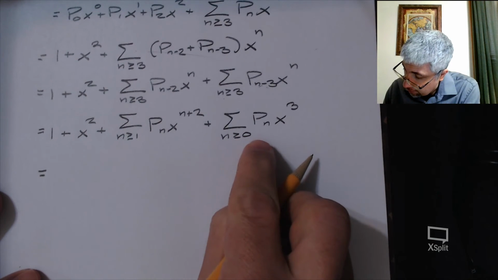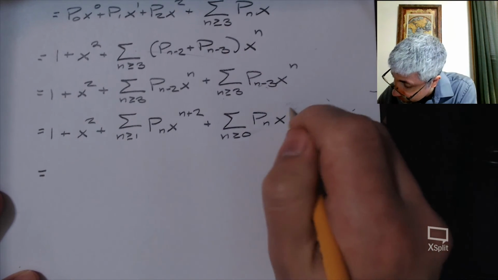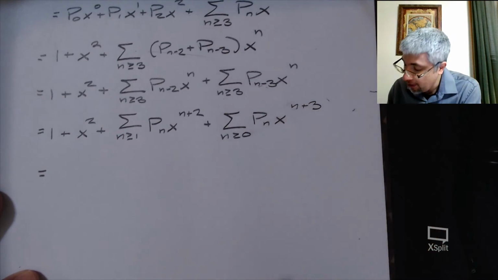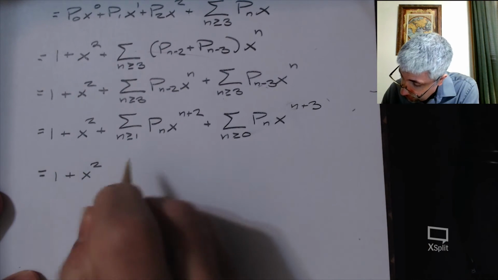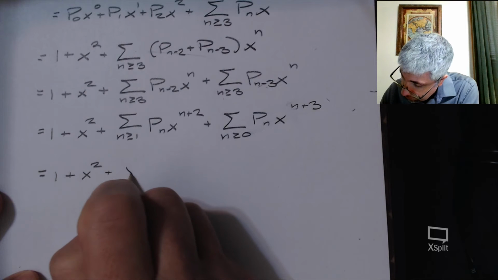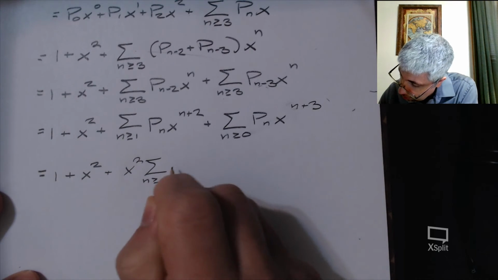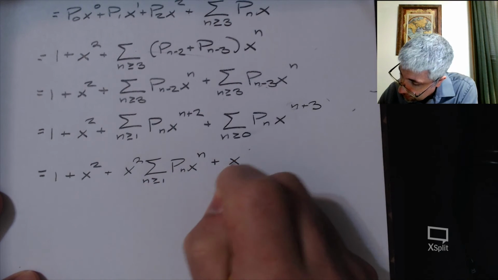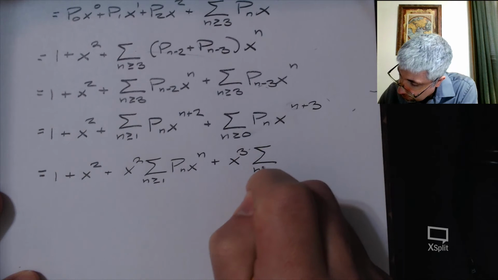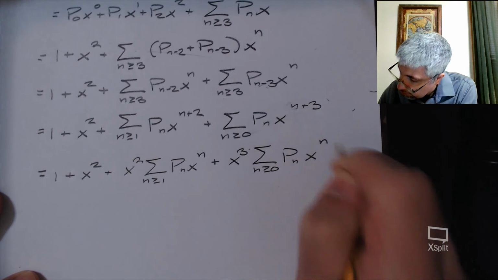Well, oh, sorry, n plus 3. Forgot to write the n plus. Okay, so now what can I do? Well, I can pull out an x squared, and an x cubed. I could have saved that for a later step, but whatever.